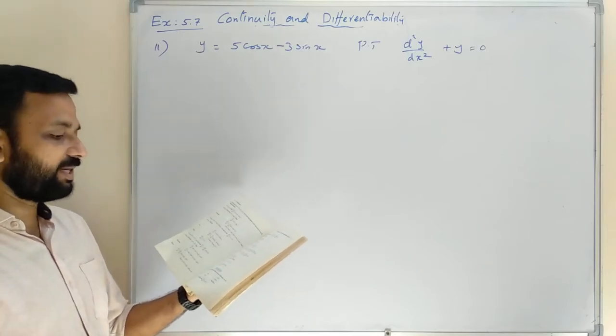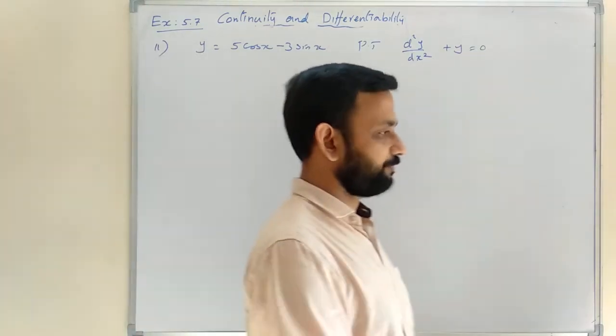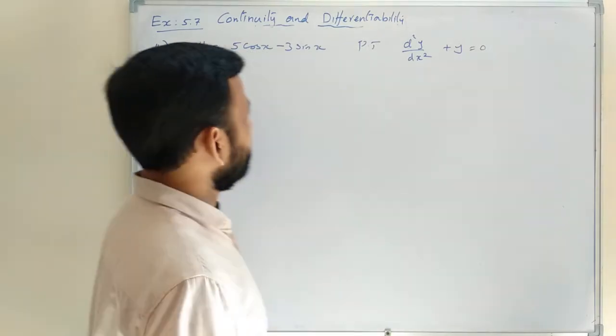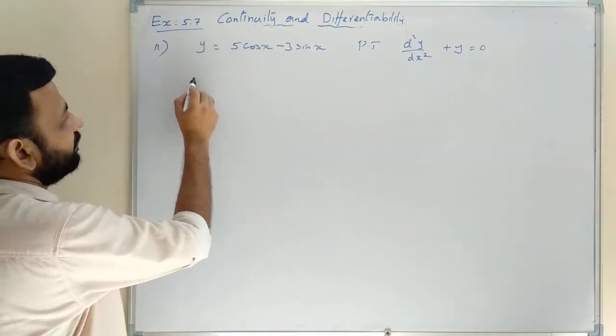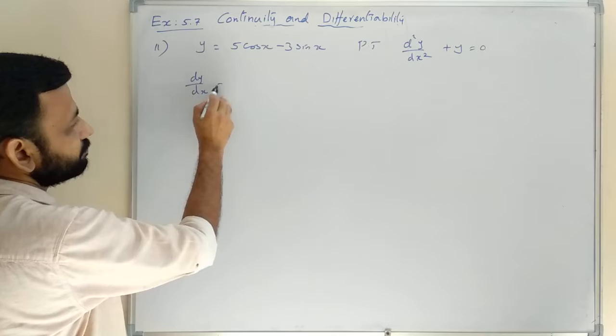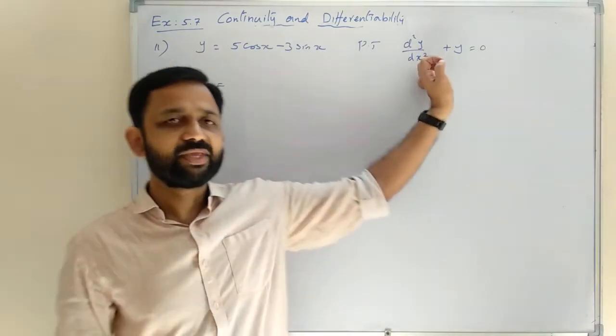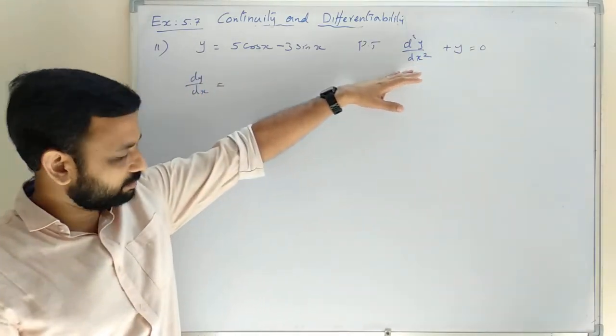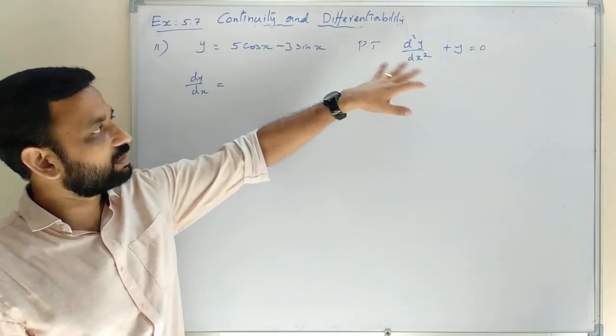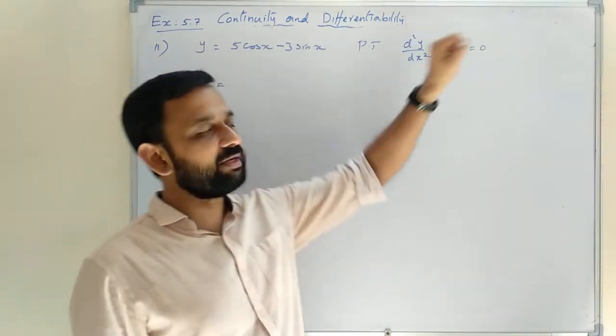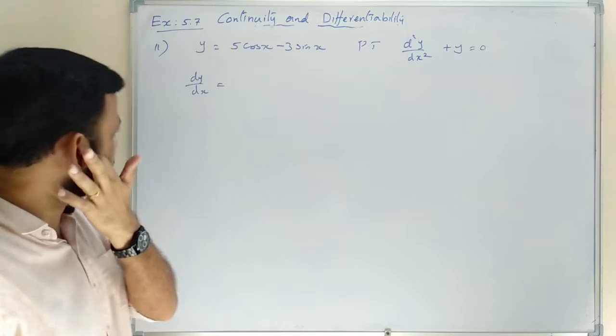Prove that d square y by dx square plus y equal to 0. So here we will find dy by dx first, then we will find d square y by dx square. Then d square y by dx square plus y we will get as 0. So that is the question.